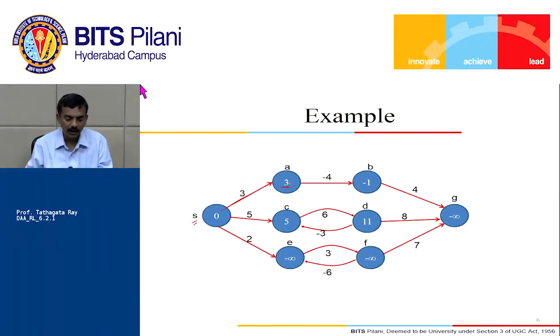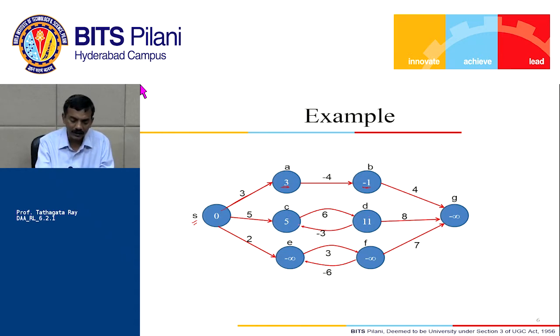The shortest path from S to B is S, A, B, and the total weight is 3 minus 4, which is minus 1. Now look at the shortest path from S to C, it is 5. From S to D, you can go from S to C and from C to D, so 5 plus 6, which is 11.